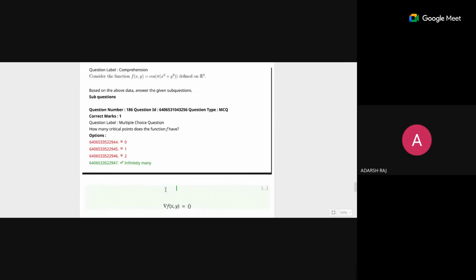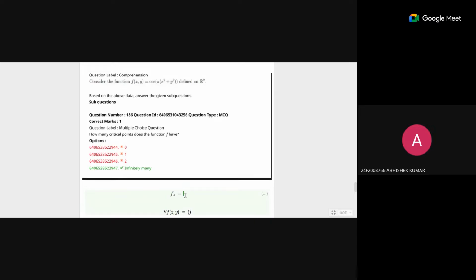So what will be f of x? It is basically cos of pi times x square plus y square, into 2x. So first we differentiate cos, right? What are we getting? Minus sine of pi times x square plus y square, into 2 pi x.